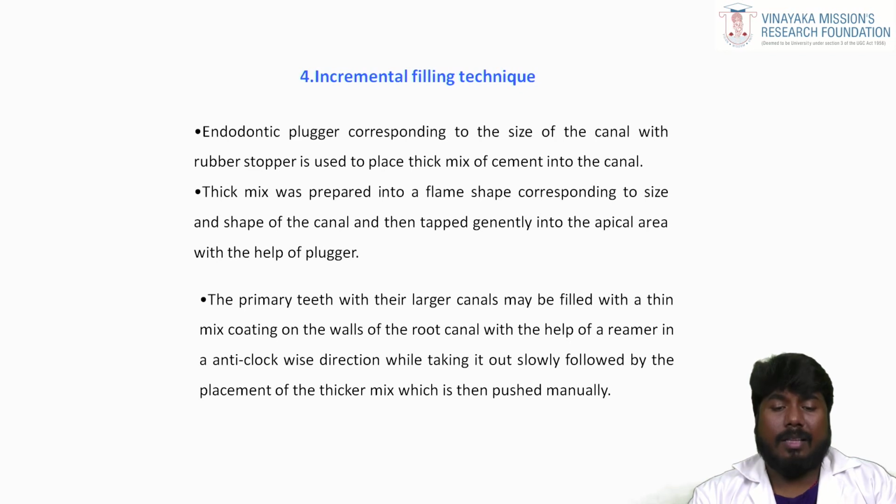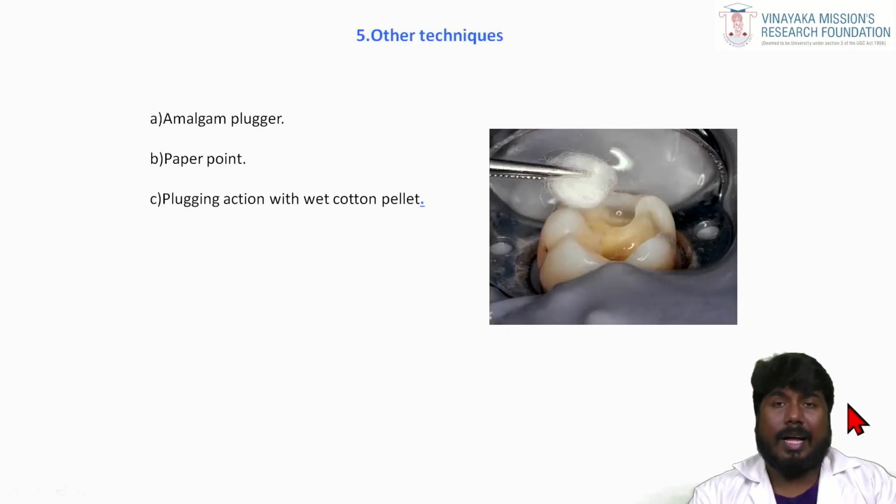Primary teeth with larger canals may be filled with a thin mix coating on the walls of the root canals with the help of a reamer in an anti-clockwise direction, followed by placement of a thicker mix of material, then pushed manually. The other techniques are amalgam plugger, paper points, then plunging action with a wet cotton pellet.